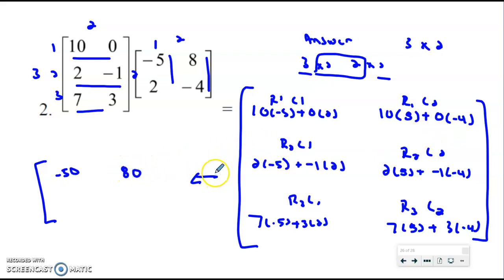The next row, I get negative 10 plus negative 2, which is negative 12, and 16 plus 4 is 20. I got negative 35 plus 6, which is negative 29, and 7 times 8 plus negative 12 gives me 44. So that is number 2.